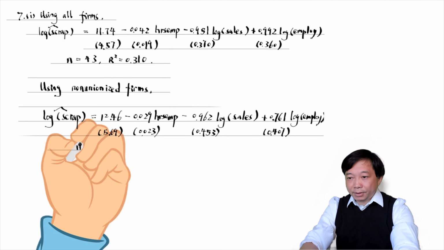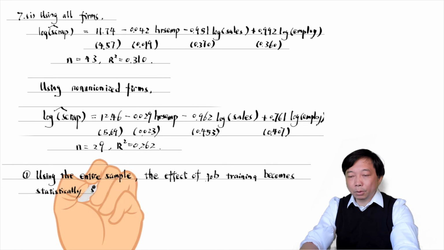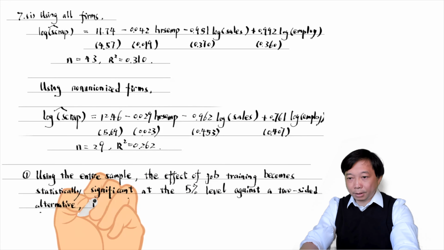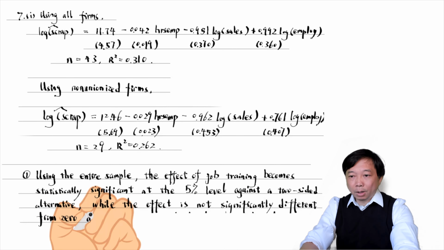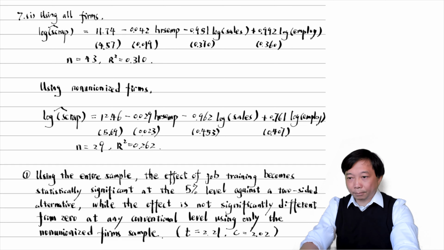First, the t-statistic for the whole sample is 0.042 divided by 0.019, which is 2.21. The 5% critical value against a two-sided alternative with 39 degrees of freedom is 2.02.